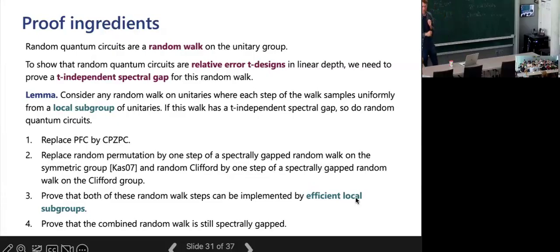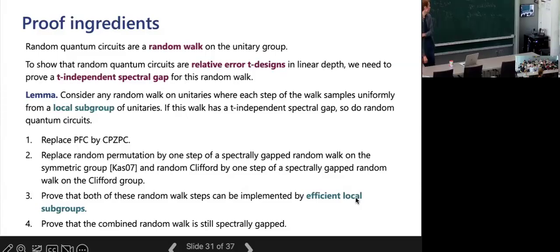So in this CPC, do you just pick a random generator of the Clifford group, or a random transposition or something? Yeah, the Cliffords are very easy, right? Basically anything is spectrally gapped on the Clifford group because it's so small. The difficulty is the permutation. So can you just take a random transposition if you switch the elements?